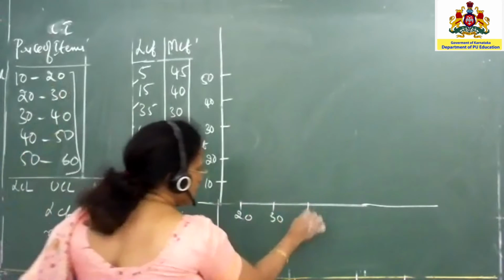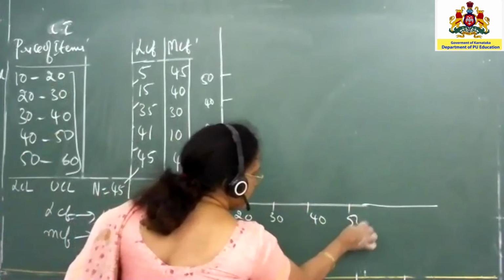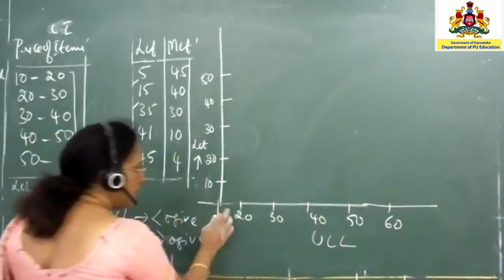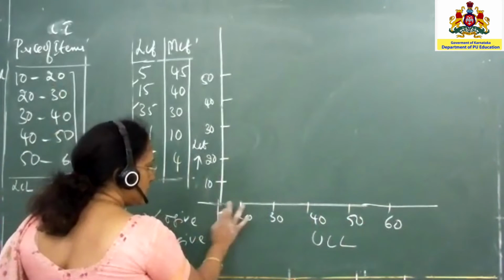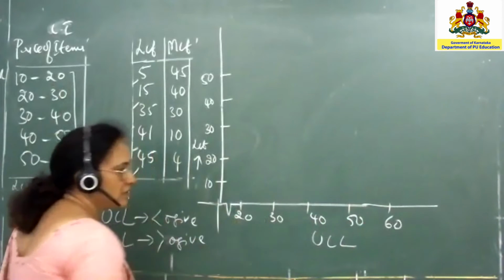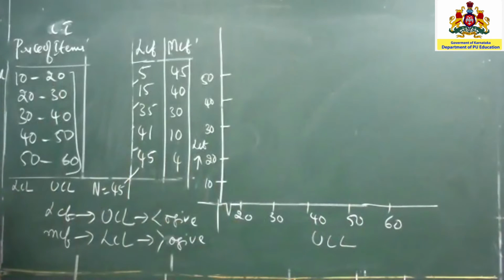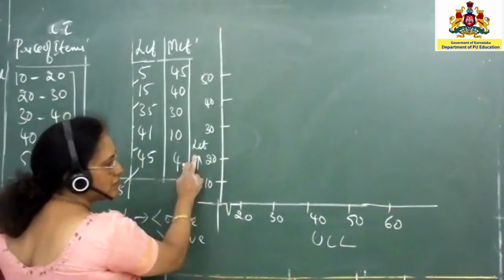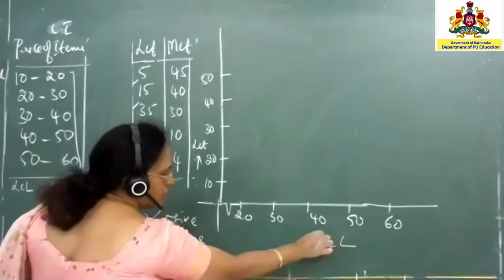Next is 40. Next is 50. Next one is 60. What are these numbers? You see, here 20 to 30, the difference is 10. Okay. So LCF on which axis? Y axis. UCL on the X axis.